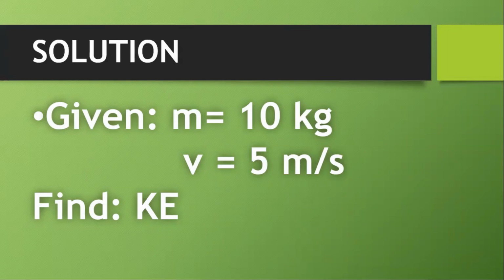To find kinetic energy, we multiply 0.5 times 10 and the squared velocity of 5. We square, or multiply by itself, the velocity, and you get 25. Then you multiply it by the mass of the object and finally by 0.5. That will give you 125 joules.